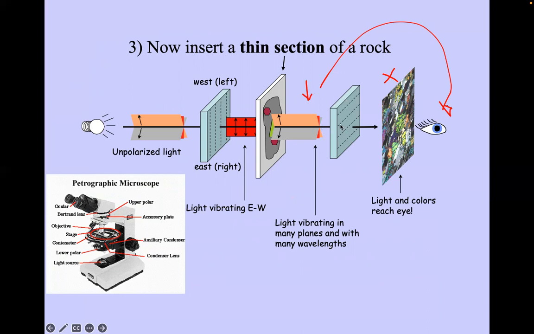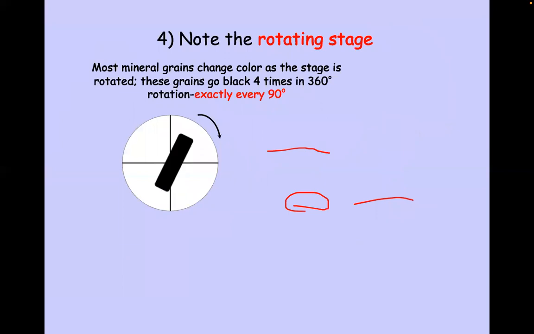For example, if you had a mineral oriented in that particular direction, in that direction the light cannot reorient, so it will remain dark. That's why you have this darkness in anisotropic minerals also when you rotate the stage.